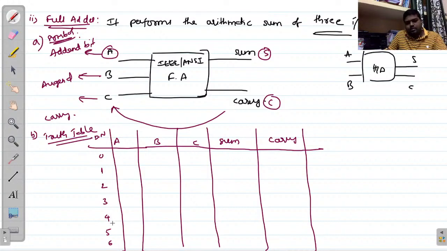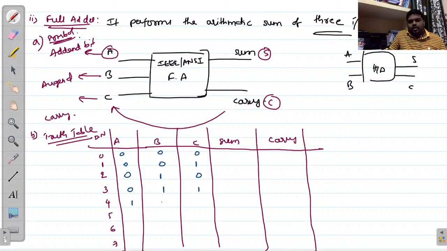Now the first combination is 0, 0, 0, then 0, 0, 1, then 0, 1, 0, then 0, 1, 1, then 1, 0, 0, 1, 0, 1, 1, 1, 0, and 1, 1, 1. So these are the 8 combinations, from 0 to 7.